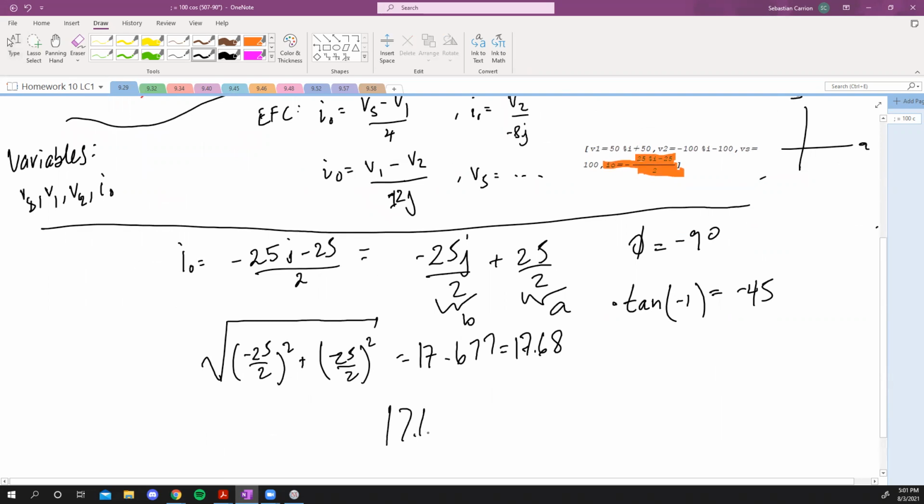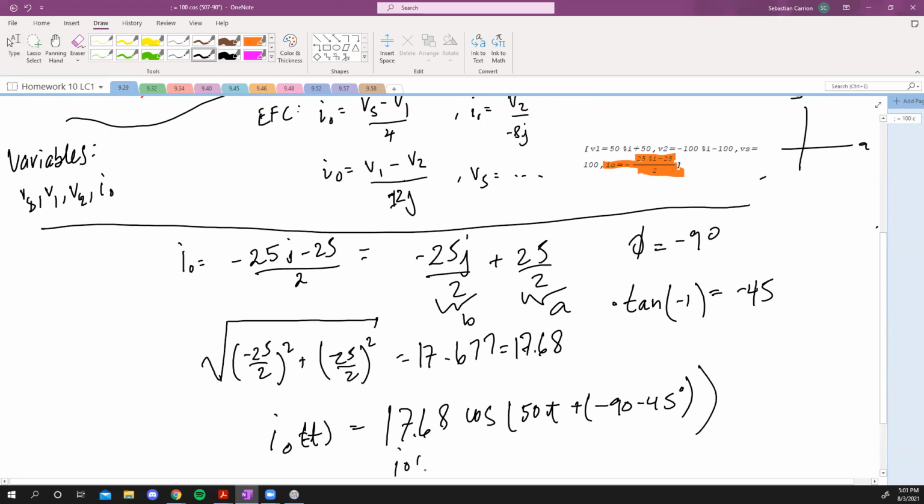So we got 17.68. I naught would function as this: 17.68 cosine, and we know the angular frequency is 50t, and then we already have a minus 90. We subtract minus 45 degrees here.